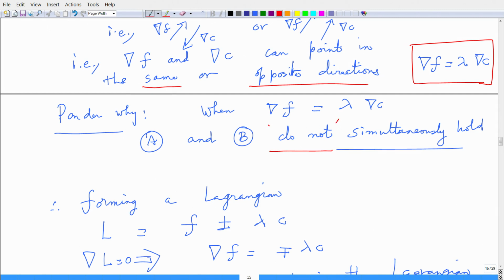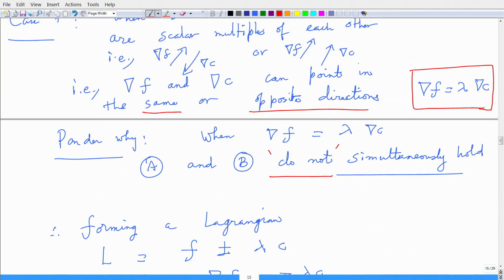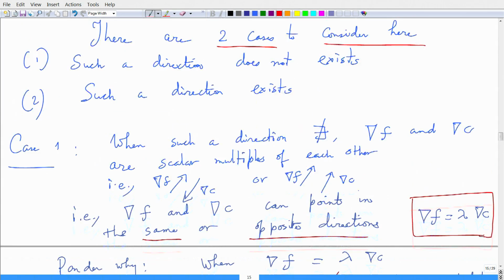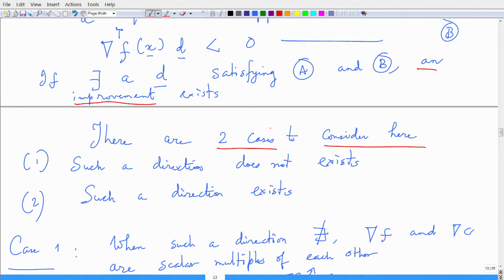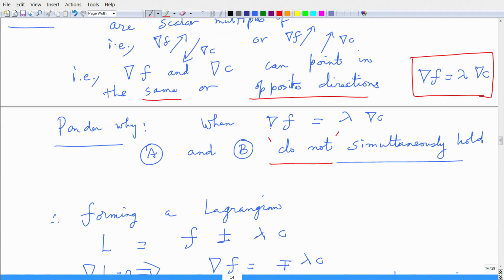This is important because one says del C transposed D is 0, the other says del F transposed D is strictly less than 0. So I can't have something which is strictly less than 0 and something equal to 0, and that can happen when del F is lambda del C.